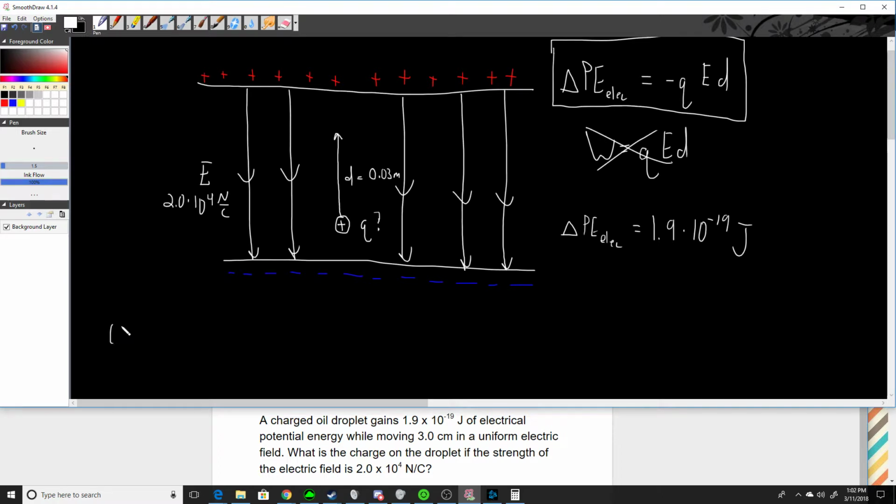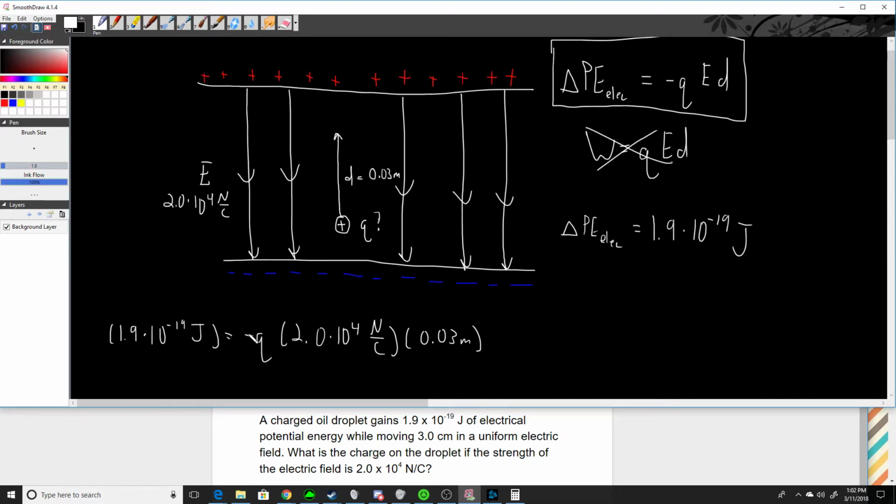I'm just going to pop it in parentheses right away. 1.9 times 10 to the negative 19th joules is equal to negative Q. Q is what I'm looking for, so I leave a Q, times the electric field, which is 2 times 10 to the fourth newtons per coulomb, times the change in distance, and we're trying to move this charge 3 centimeters or 0.03 meters. All right, so essentially I just need to solve for Q there.